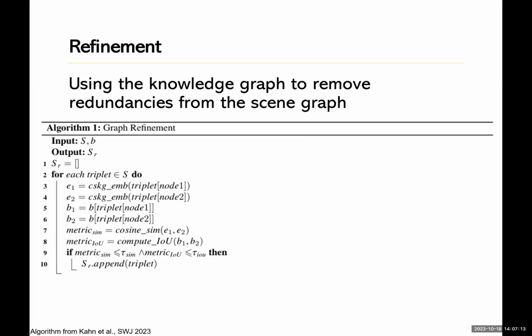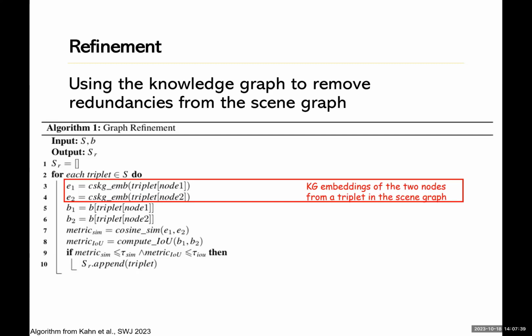So to go through, once a scene graph is created, there's a two-step process. There is a refinement step, and then there is an enhancement step. So first, the refinement step. And so you have your scene graph, and for each triple in the scene graph, you look at the knowledge graph embedding of the two nodes in the triplet.